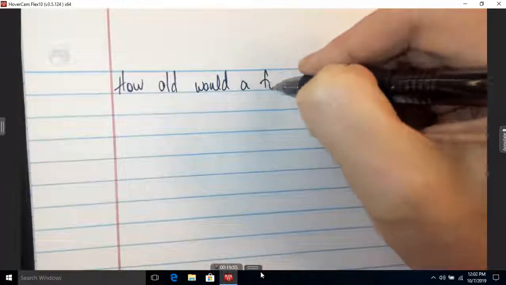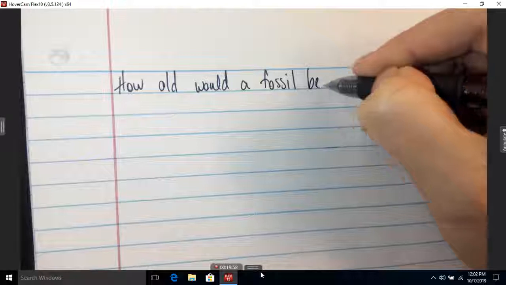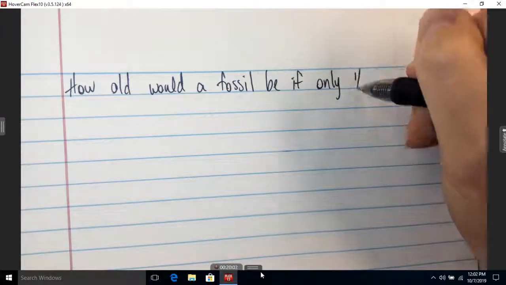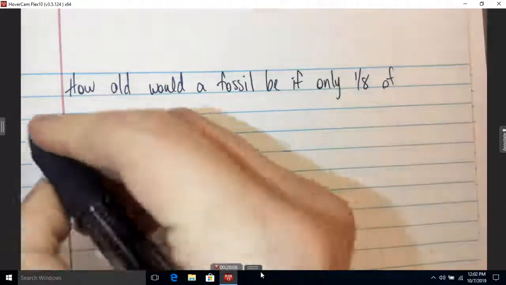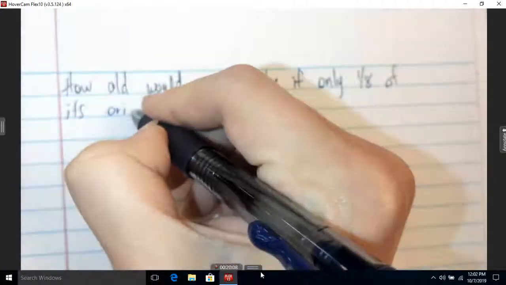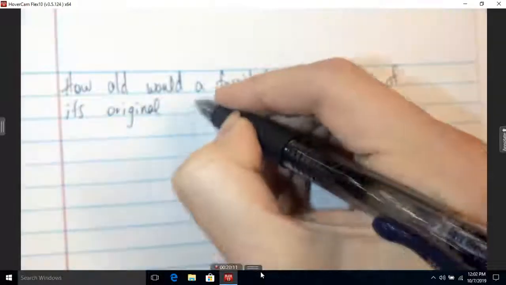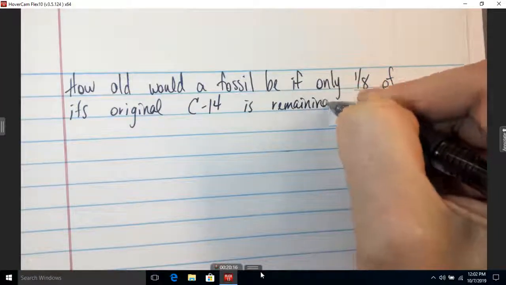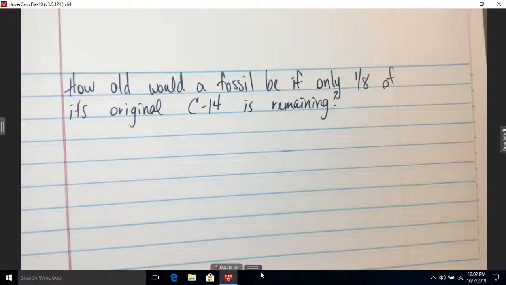How old would a fossil be if only 1/8 of its original carbon-14 is remaining?